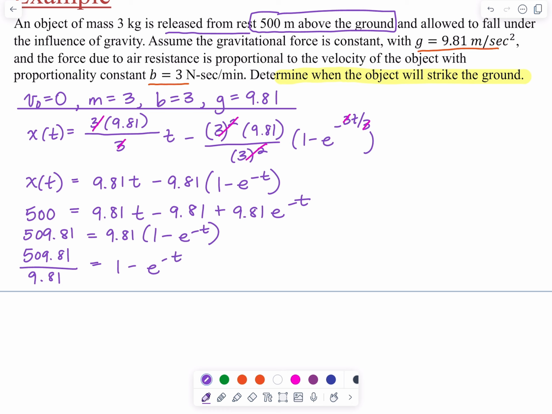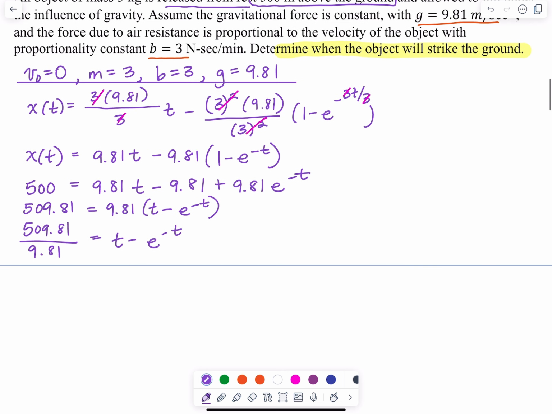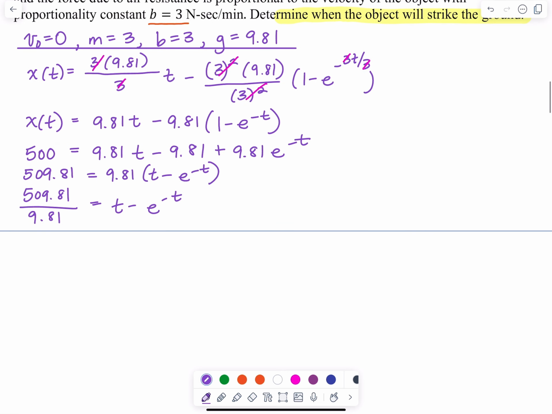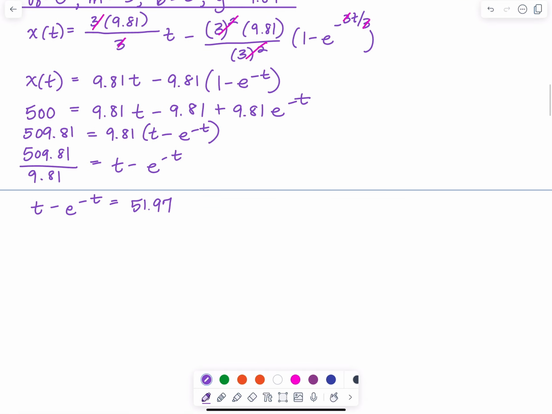And as you can see here, this was supposed to be a t. So taking a look at this, you can see t minus e to the opposite of t, and I divided 509.81 by 9.81 and came up with 51.97.